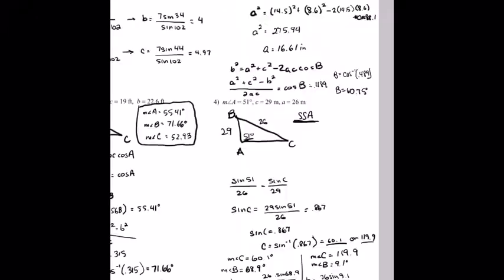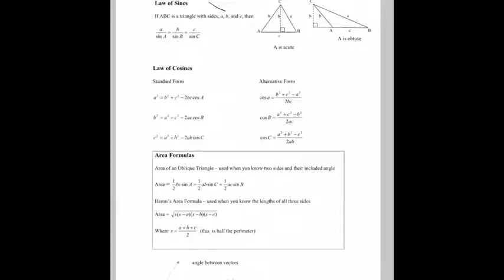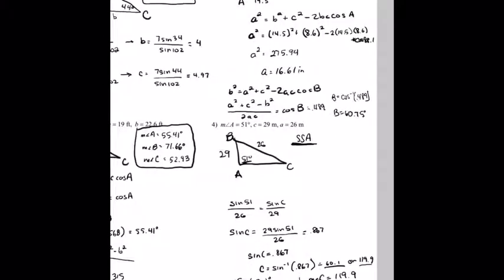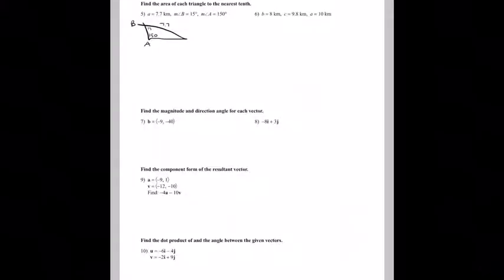In order to use one of these area formulas, we needed to know two sides and the angle in between. The included angle means angle in between. So we don't quite have that. We need to find another side. That's what we need.